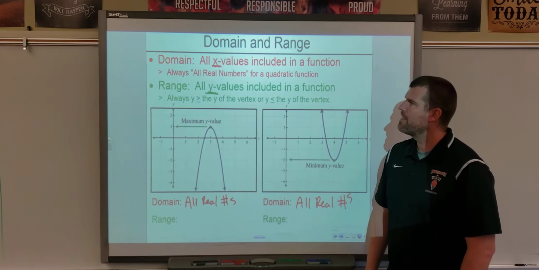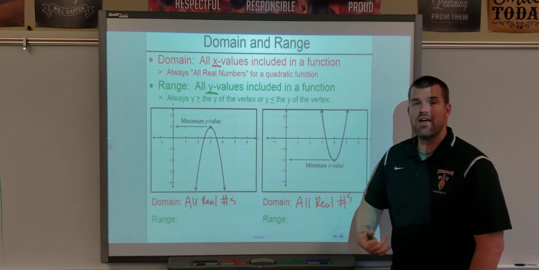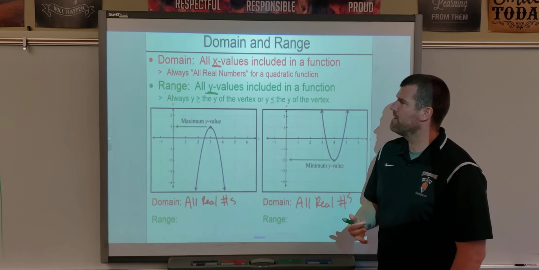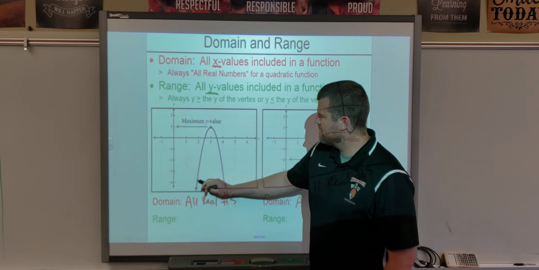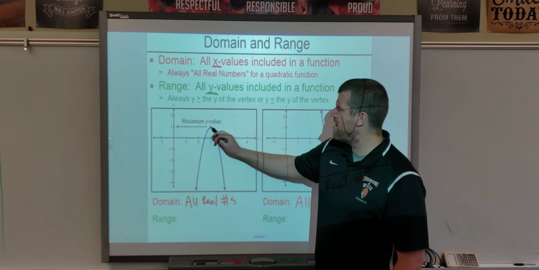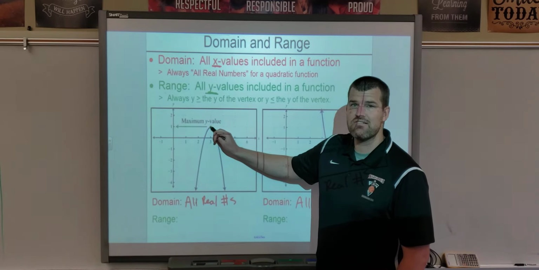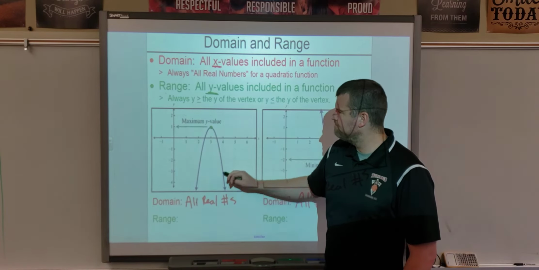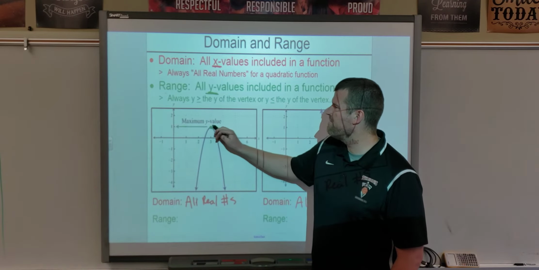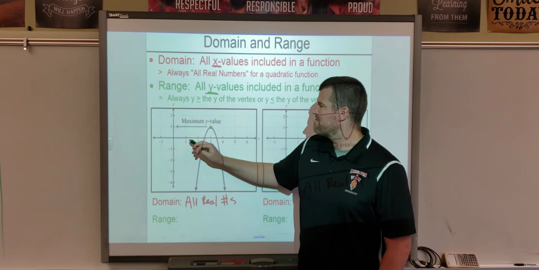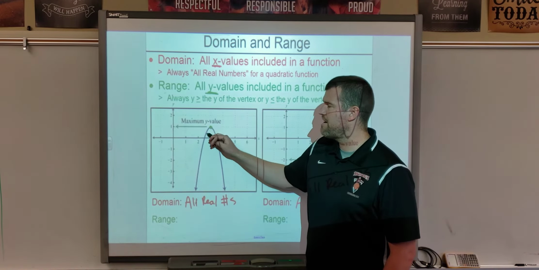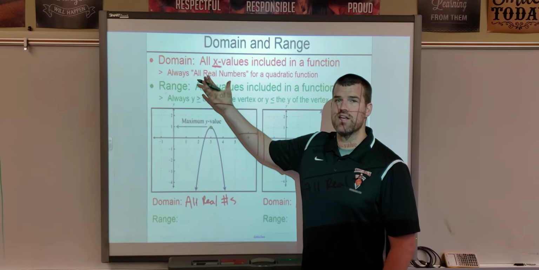The range, however, will not be all real numbers, because if the range is all of the y values, this graph here goes up, up, up, up, but it stops going up once you get to the vertex, and then it goes down again. So the highest y value that this graph reached was 1. There will never be a point on this graph that has a y value above 1.